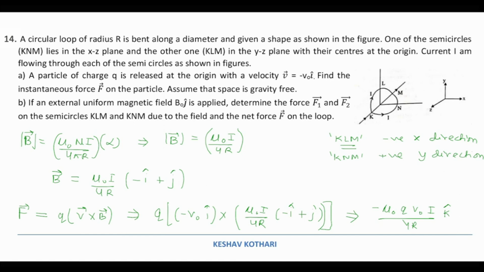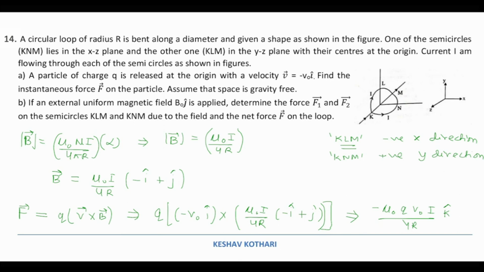In the next part, the question is asking: if an external uniform magnetic field B naught j cap is applied, then determine the force F1 vector and F2 vector on the semicircles KLM and KNM due to the field, and the net force on the loop.